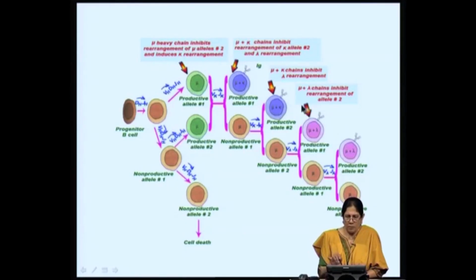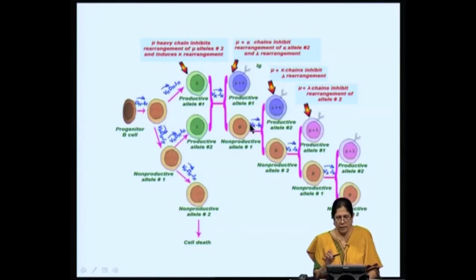Now, because of this highly regulated reorganization, that is heavy chain first, then the kappa, then the lambda light chain, one can see that the number of immunoglobulins that are associated with the lambda light chain are very few. In human, it is much better than mouse.